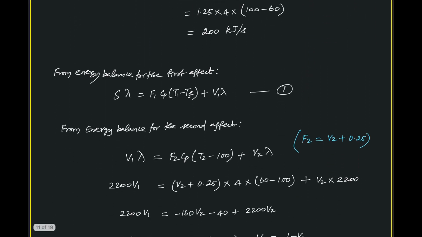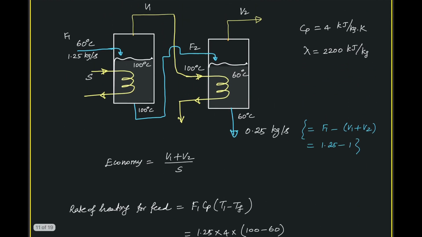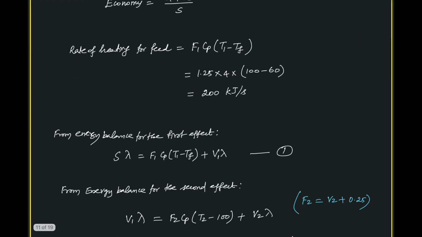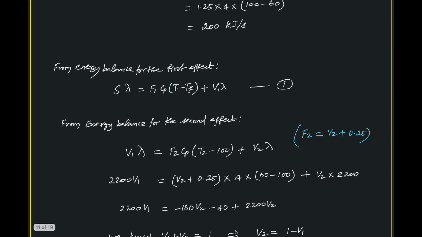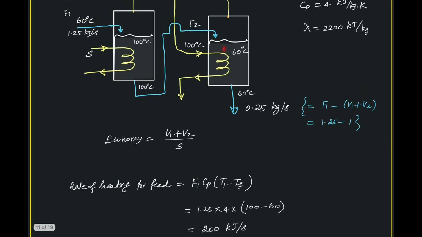So like for the first effect, we can also write the second effect energy balance. V1 into lambda, that is the energy given by the condensing vapor, is equal to the energy required to heat the feed from its temperature to the boiling point, plus the latent heat of vaporization. Here this is T2 minus 100, where T2 is the temperature of the boiling solution.